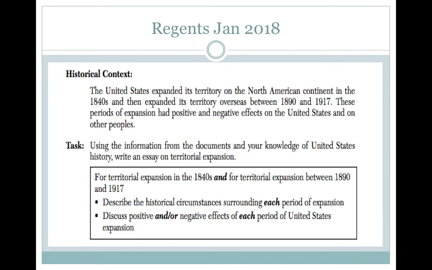Now, this was January 2018, and this is a DBQ essay. In this one, they're going to be talking about expansion, right? Expansion. And once again, you can make sure that you have a working knowledge of the Mexican-American War. That would help you with the 1840s and the 1890s, going into the early 1900s.